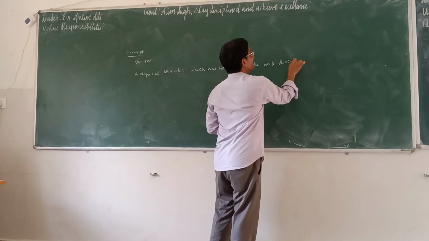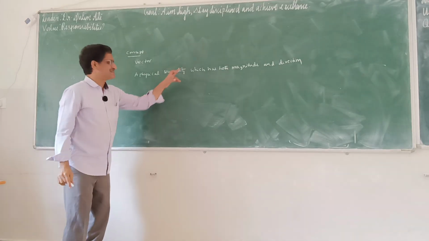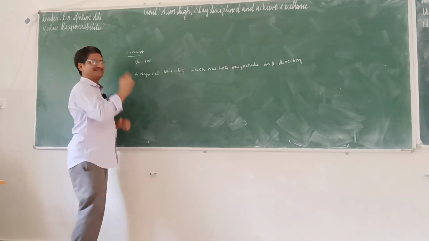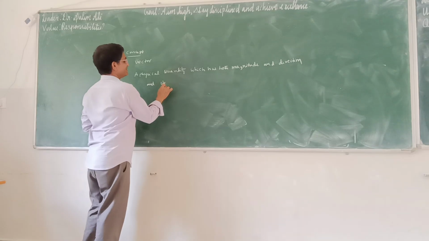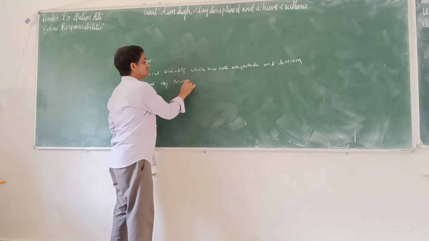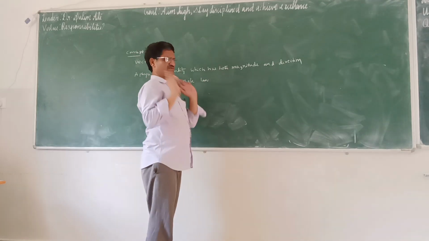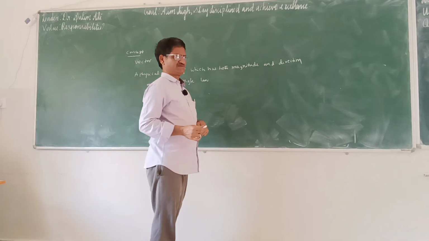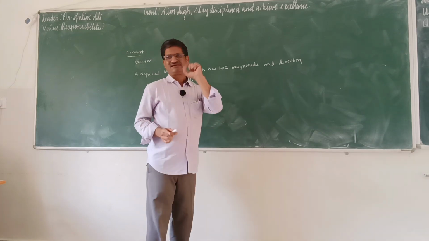Next, everyone knows about this. After that, it obeys triangle or parallelogram law, any one law. Triangle law, simple. We don't worry about the full definition. It's not a board exam, okay?